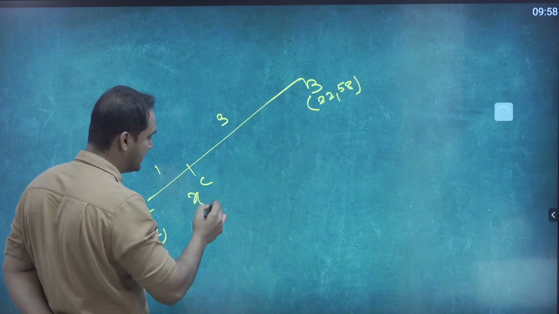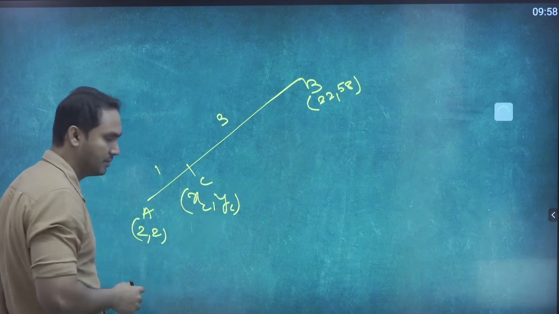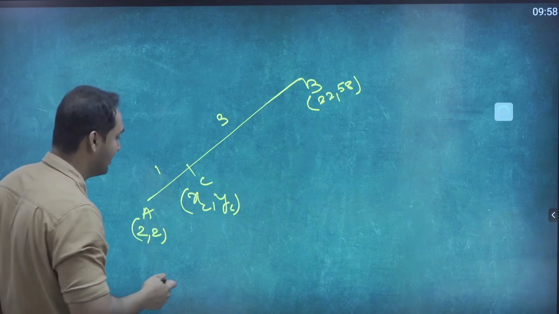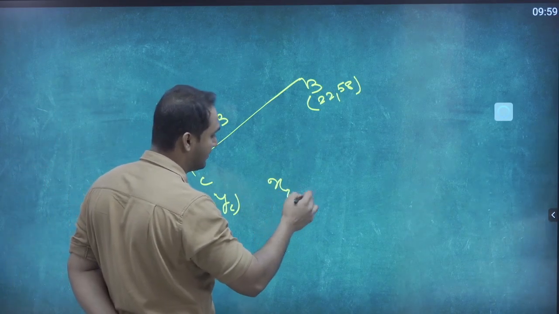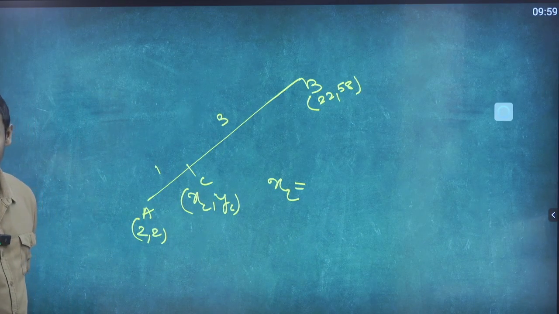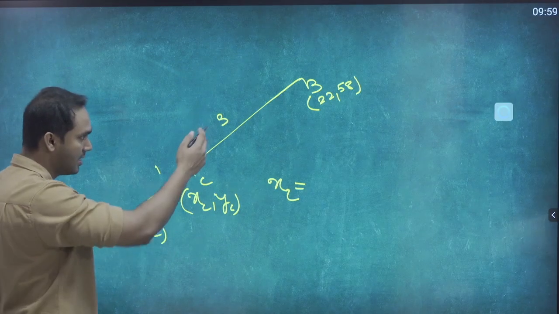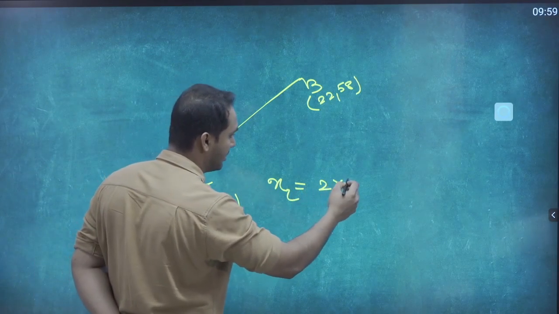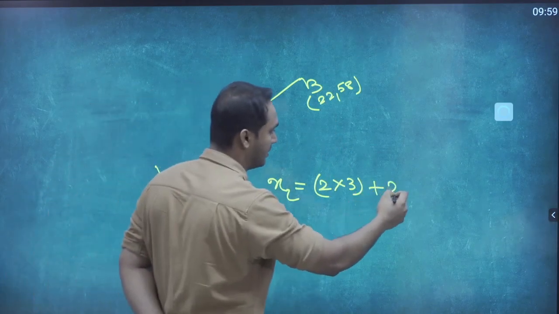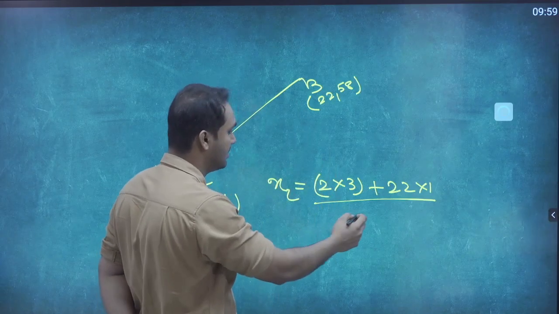That will be xC, yC. So I'm going to take the xC first. How do you take the xC? You multiply by the cross ratios. So you multiply 2 by 3 plus 22 by 1, and you divide by 3 plus 1, which is 4.